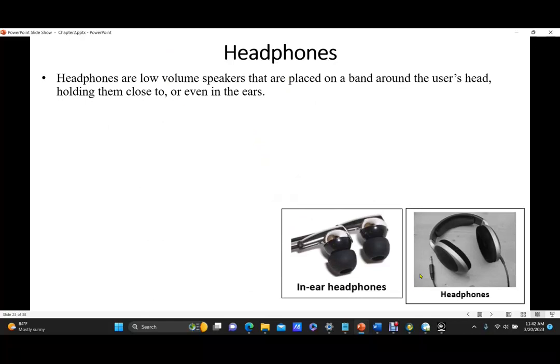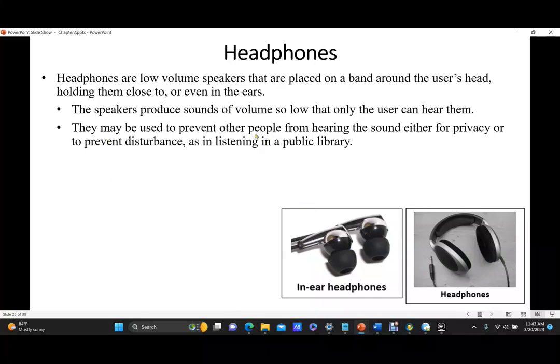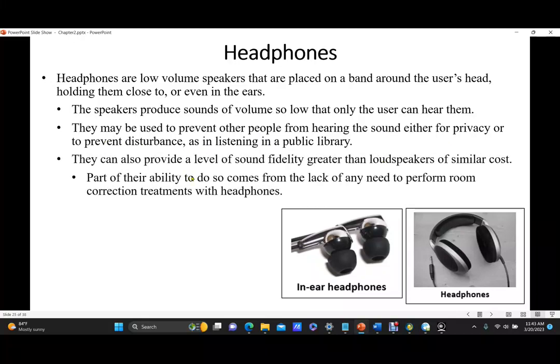Headphones are low volume speakers that are placed close to or even inside the ears. They produce low volume sounds, so only the user can hear them. They might be for reasons of privacy or simply not to disturb others in a public area.